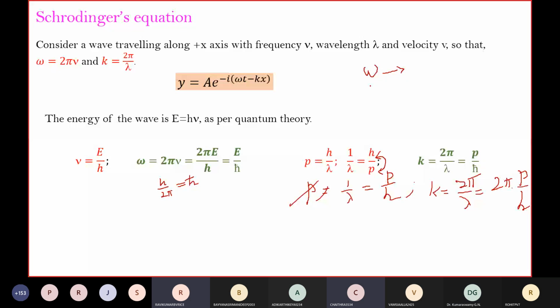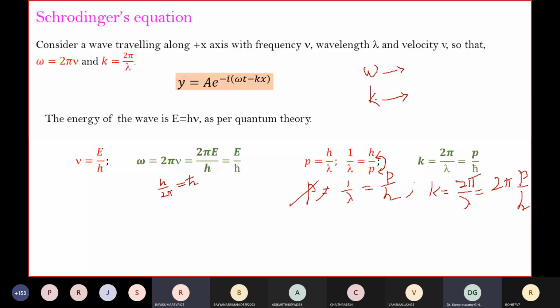What is k? Wave number, the propagation constant of a wave. So it is also a pure characteristic of a wave. Do you agree?